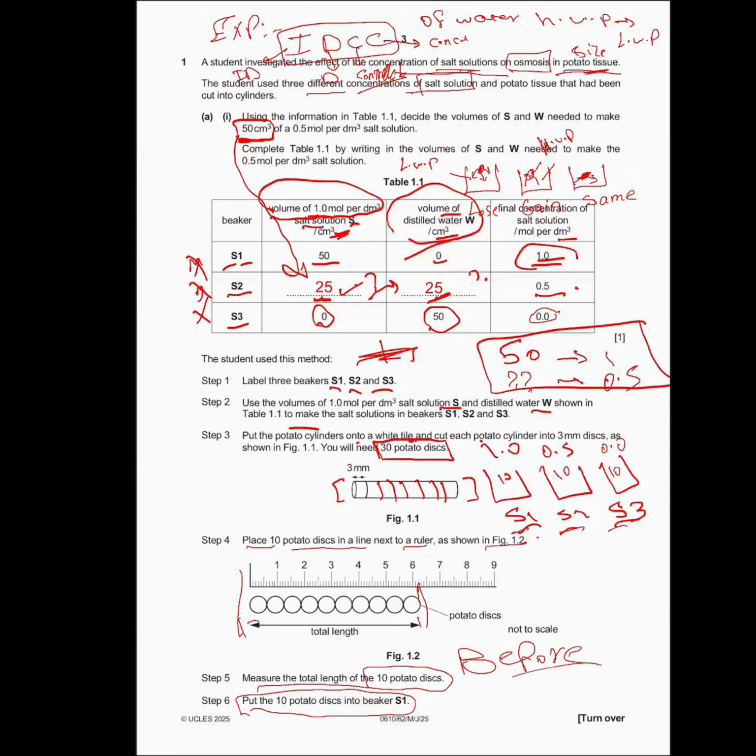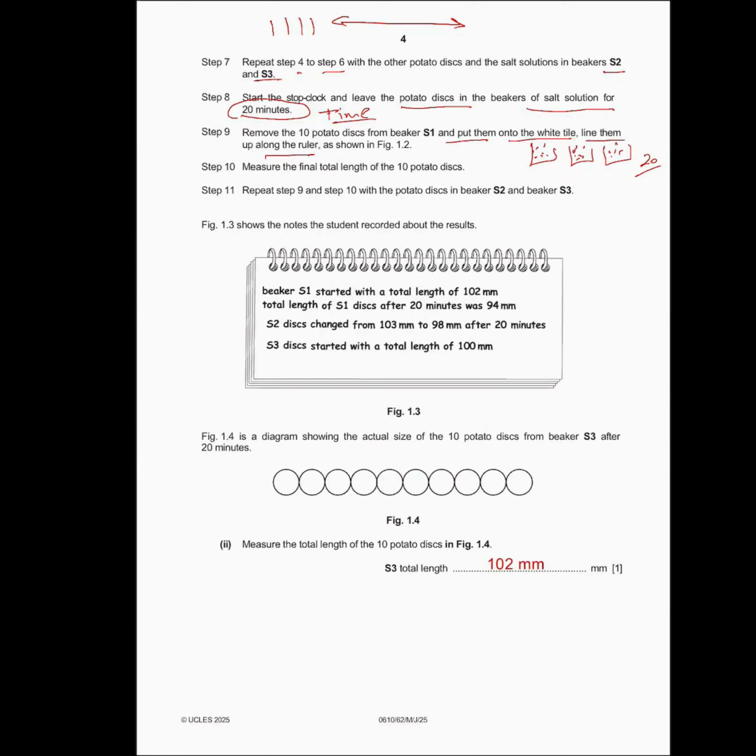So you measured before, then you will measure after. After you measure before and after, you can get the final total length of the 10 potato discs. Repeat for S2 and S3, the potatoes that were in S2 and the potato that were in S3.